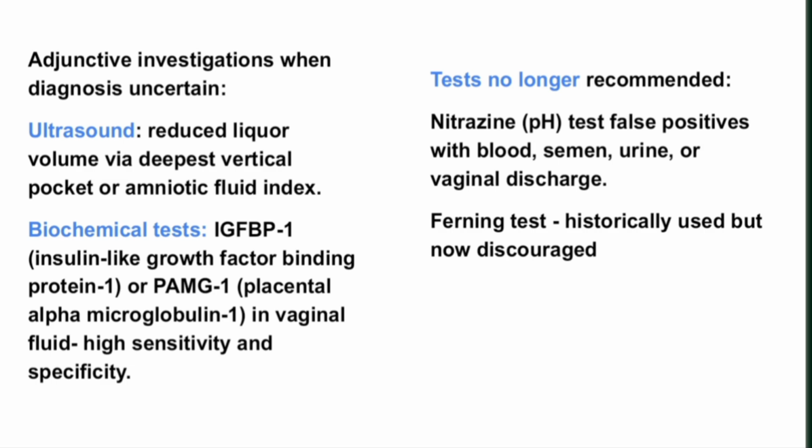You're going to see reduced liquor there. We also need to do biochemical tests such as insulin-like growth factor binding protein 1 and placental alpha microglobulin in the vagina, which are highly sensitive and specific.